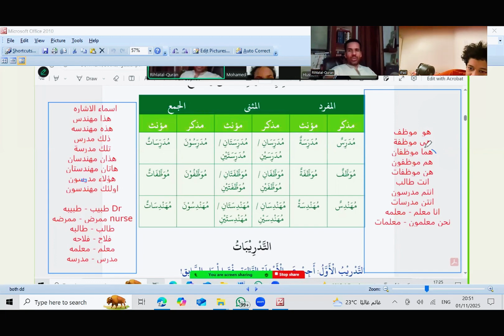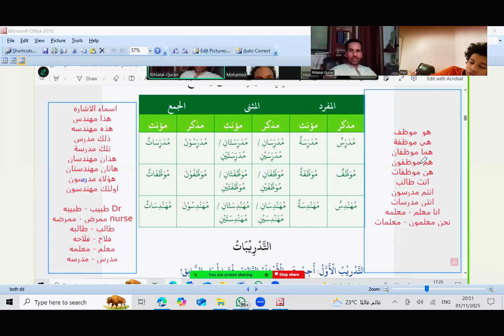For the dual, the musanna, what do we use in personal pronouns? Huma and huma. For example, مدرسان, for huma, مدرستان. No difference. But for the plural, we have muzakkar and muannas. In personal pronouns, we have hum and hunna. What is the difference between hum and hunna?